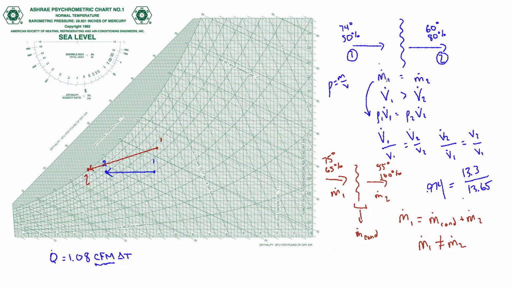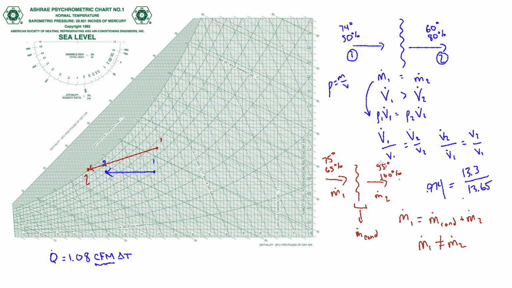So here, M.1 did equal M.2, and the difference between the volume flow rates entering and leaving the coil differed only because the density changed. Here, that's still true. The density is changing as we go from 1 to 2, but we're also losing mass because we're removing water vapor by means of condensation.